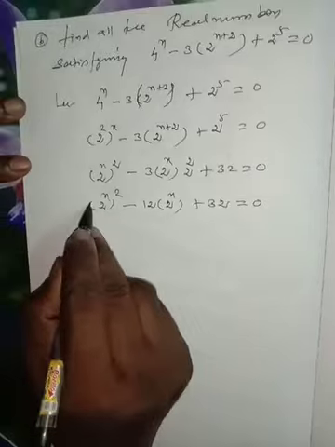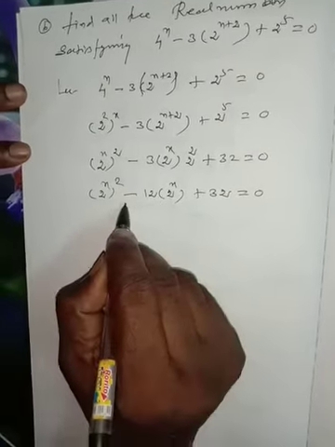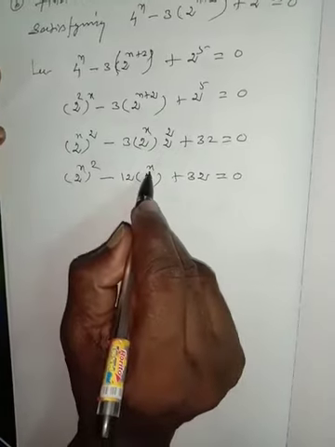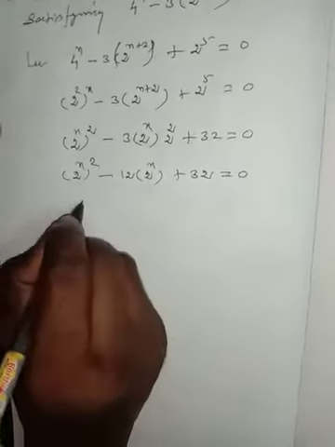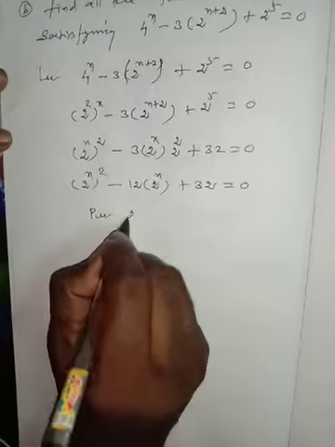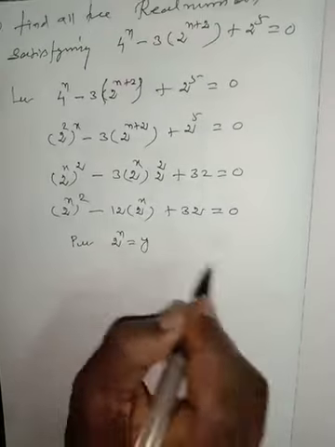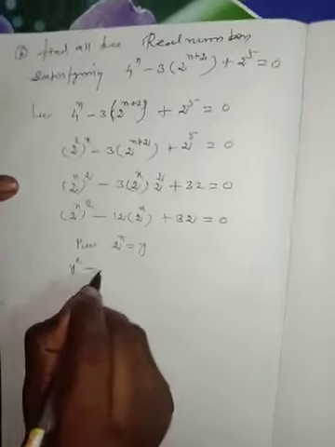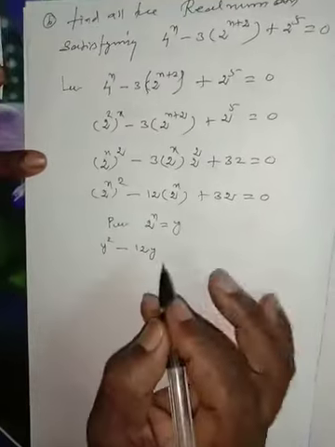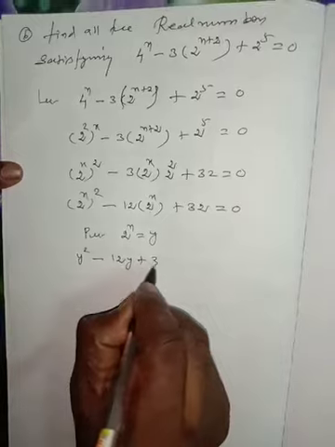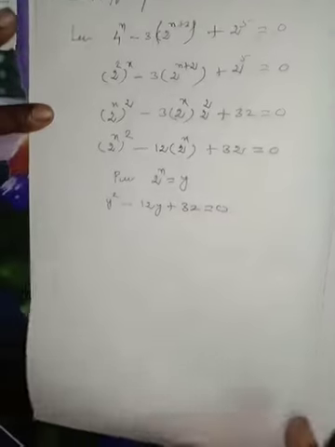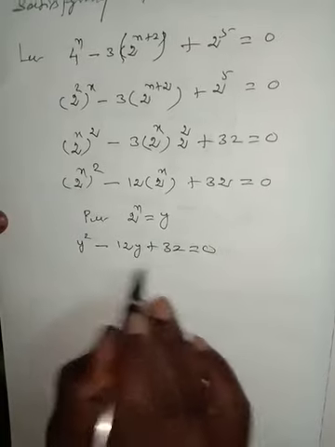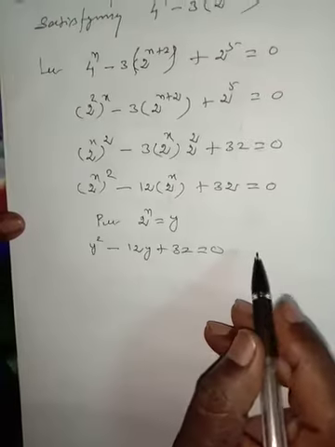Now put 2 to the power of x is equal to y. So y square minus 12y plus 32 is equal to 0. This is a quadratic equation in y having 2 roots. How to find 2 roots?